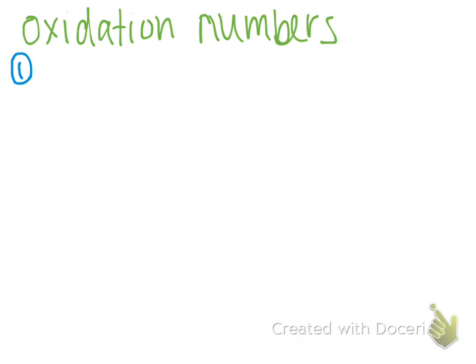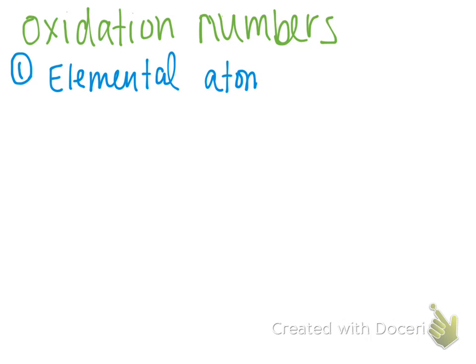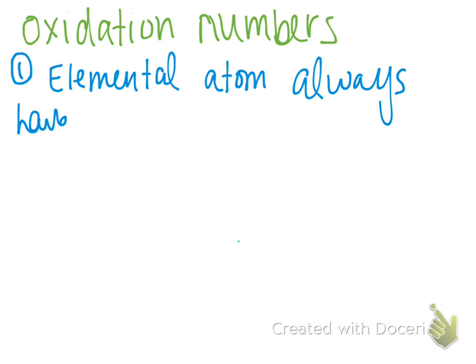The first thing we think about when we assign an oxidation number is that an elemental atom, and I'll tell you what that means in a second, an elemental atom always has an oxidation number of 0.